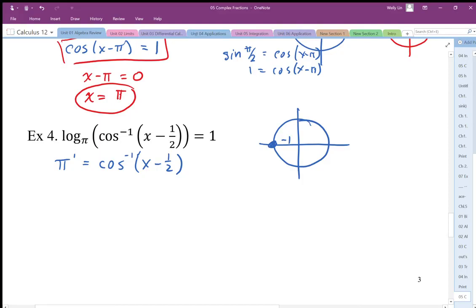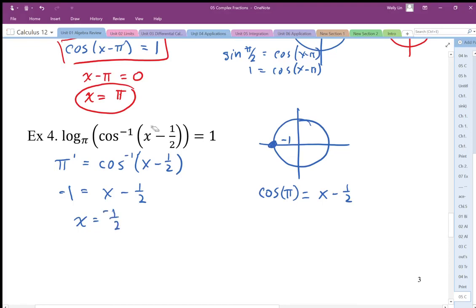Or we could write it in cosine form: cosine of pi, the cosine of the angle, is equal to the ratio x minus 1/2. In either case, I get -1 equals x minus 1/2. Add 1/2 to both sides. I get x equals -1/2.